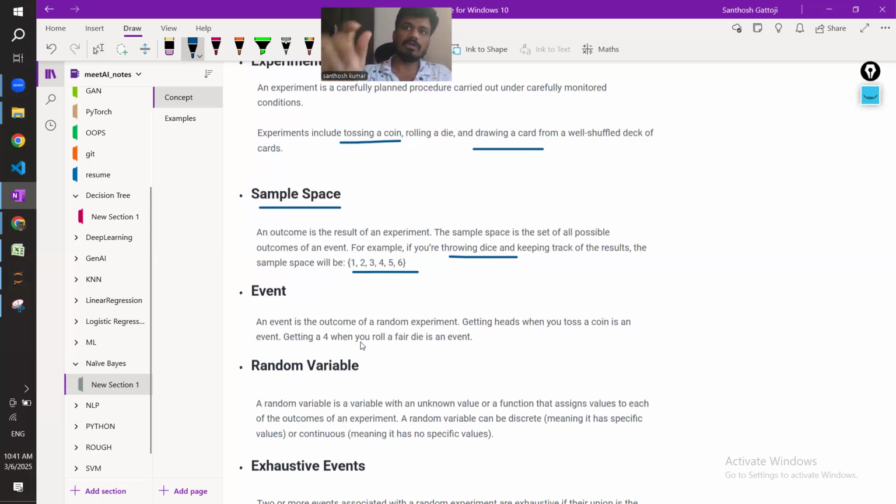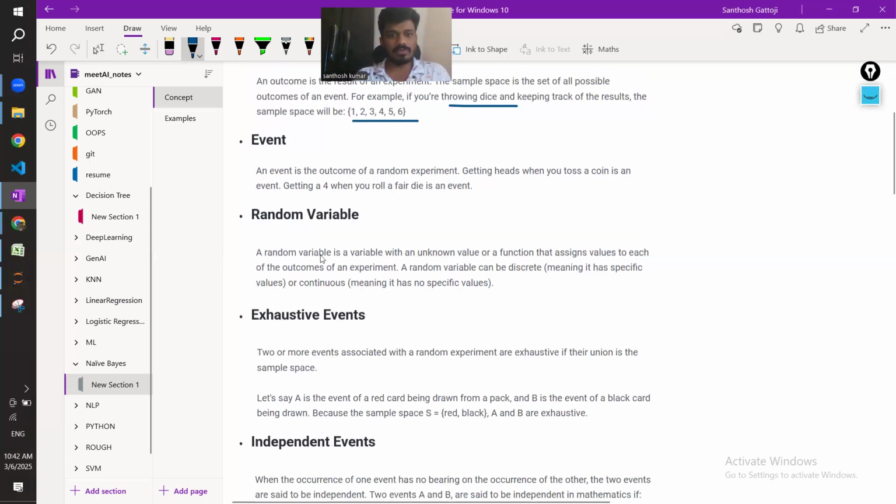If you roll a dice and you got 5, one event has happened. You rolled and got 2, another event has happened. Rolling a dice is an experiment. All the possible outcomes are the sample space. Each possible outcome, if you consider one particular outcome, that is an event. Based upon that, you can say what is the probability of this event or of that event, etc.